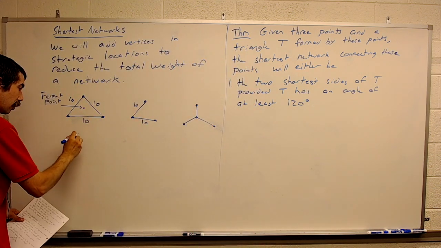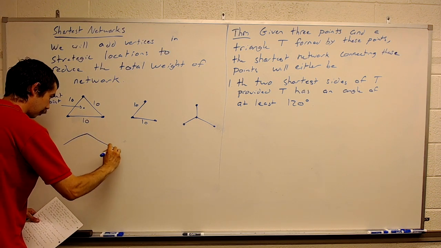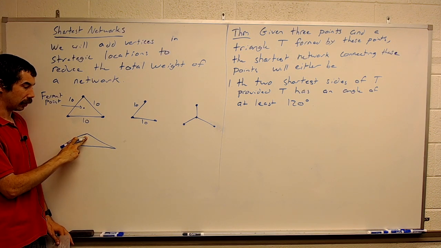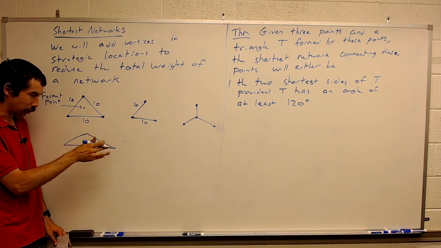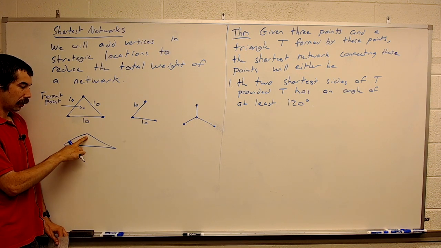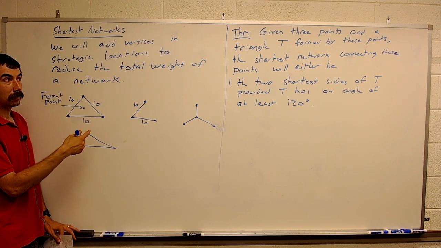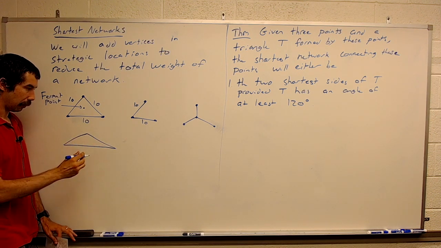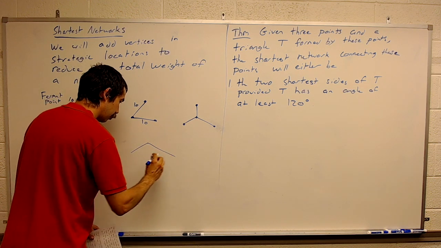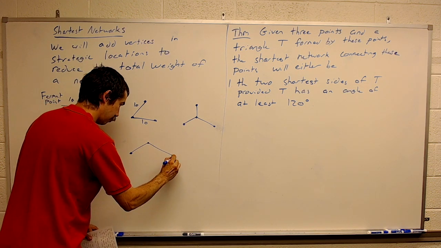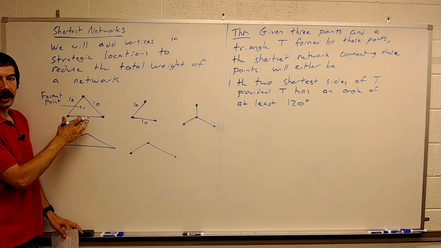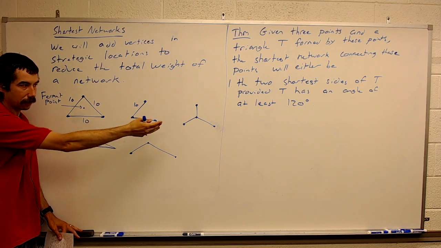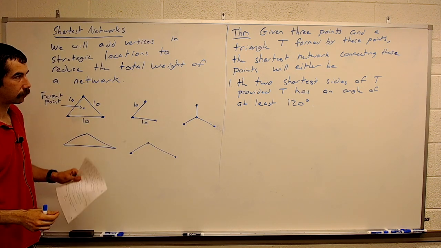So if our original triangle looks something like this, this angle here is much larger than 120, at least I hope I drew one that was bigger than 120. And so the shortest network would be the minimum spanning tree, just these two edges. But if all of our angles are less than 120 degrees, then we find this Fermat point, and this would be our shortest network.